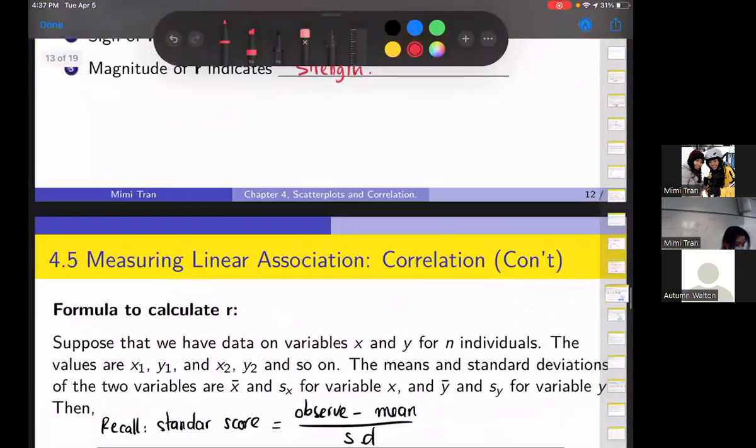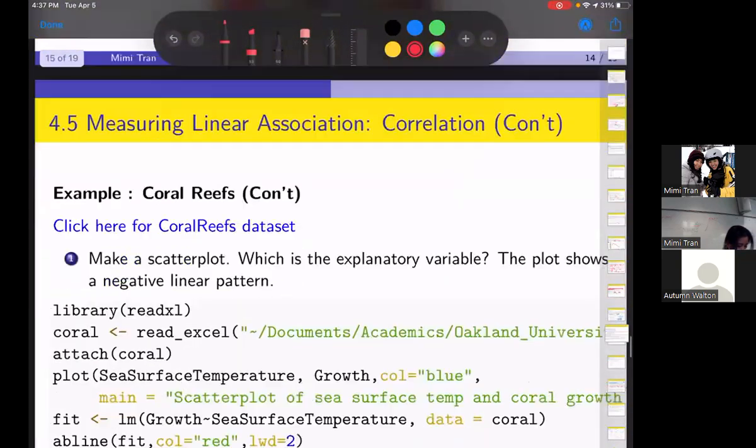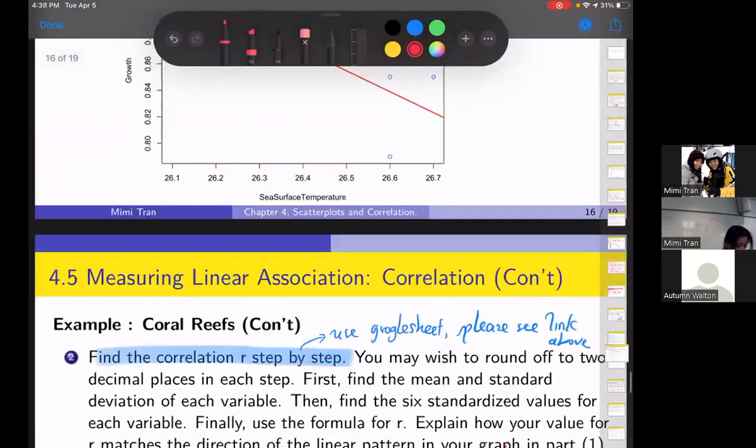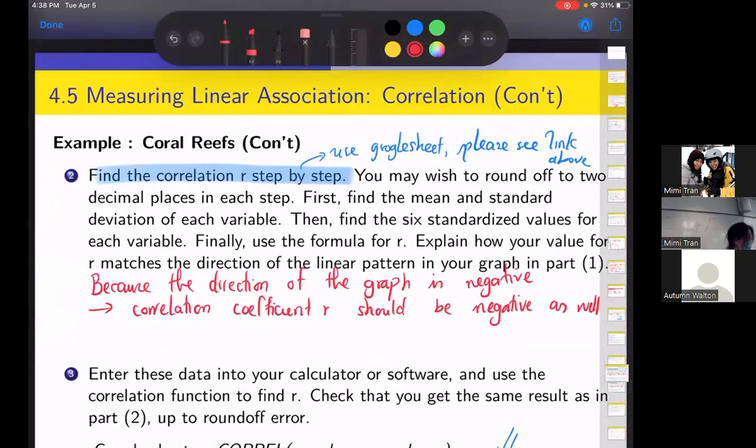Slide 17. Oh, okay. There's nothing there. You have a question? Yeah.